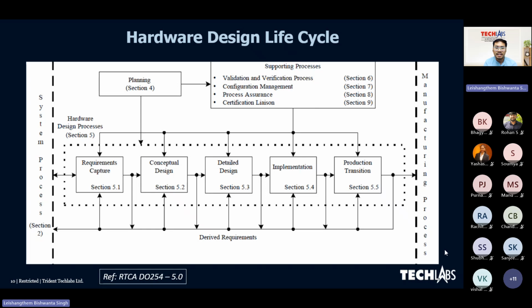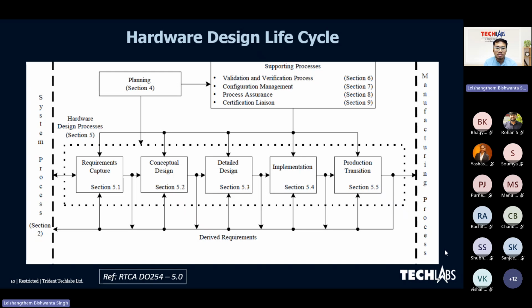Within the dotted line is the scope of DO-254, and outside of that is out of scope for DO-254. I have taken this diagram from RTCA DO-254 section 5.0. That is why at the start of this session I said I will be taking reference from RTCA DO-254, AC or AMC 20-152A, and CEMILAC's Airworthiness Directive.